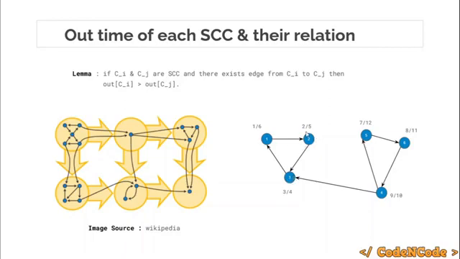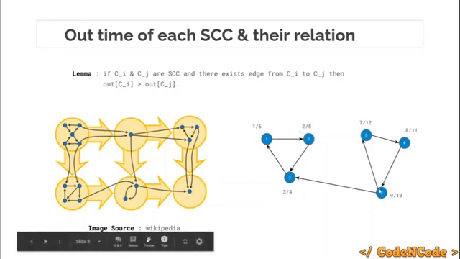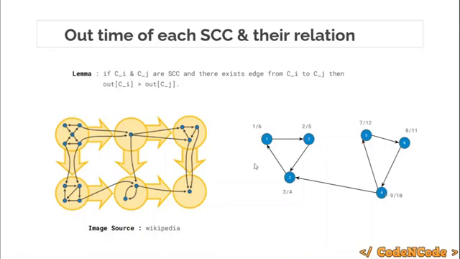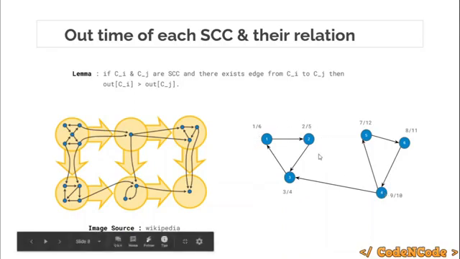You would leave. So the first node we are leaving is this, so this would have the least out time among all of these 6 nodes because we are leaving this node first, and then this, and then this, and after leaving all of the nodes, we will come here and then leave this node. So you are seeing that the execution of all of these nodes has been completed.